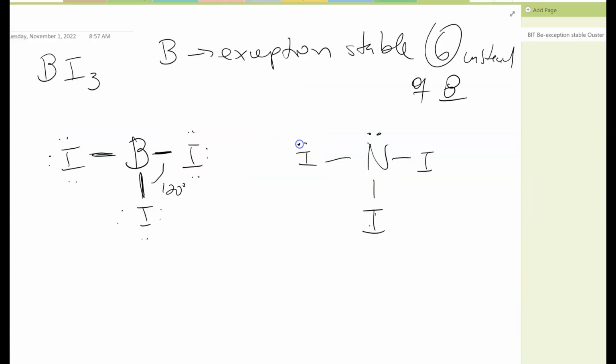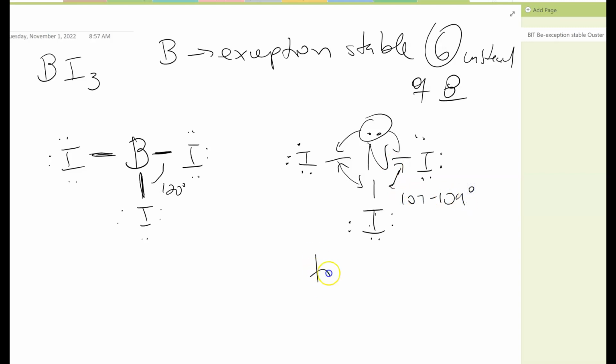It kicked me out. So, the lone pair on the nitrogen for this compound, this one right here, pushes at these bonds a little more. So then these have a certain push to them. And so what ends up happening is it's about 107 to 109 degrees.